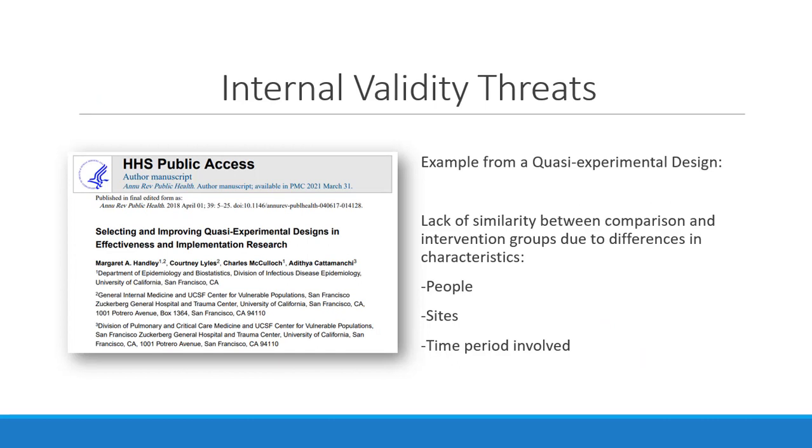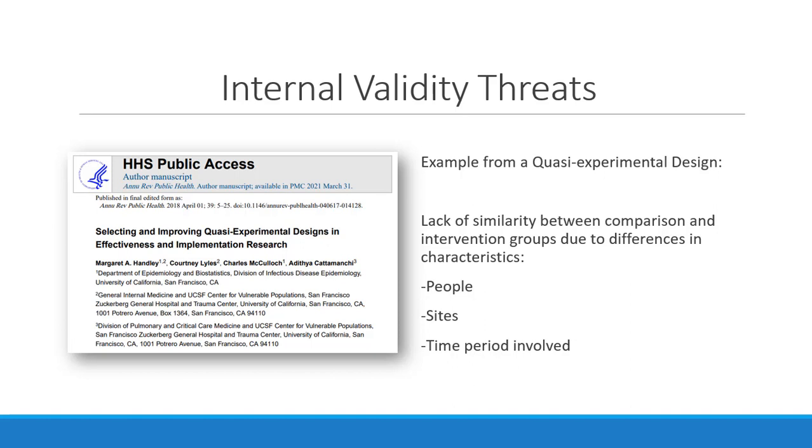Now let's talk about internal validity threats. Randomized controlled trials, as you've probably talked about in your studies, are what we all want to see, but sometimes those aren't conducted. Sometimes researchers start with something that potentially shows a plausibility, or they are limited in access to things because of resources.